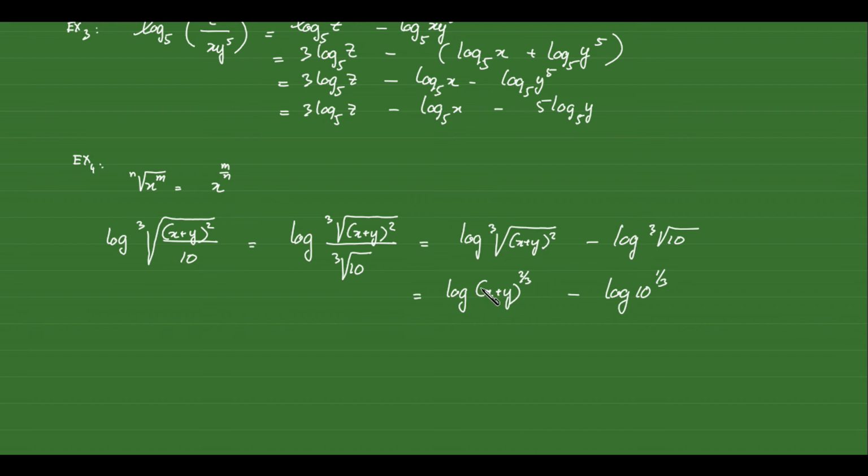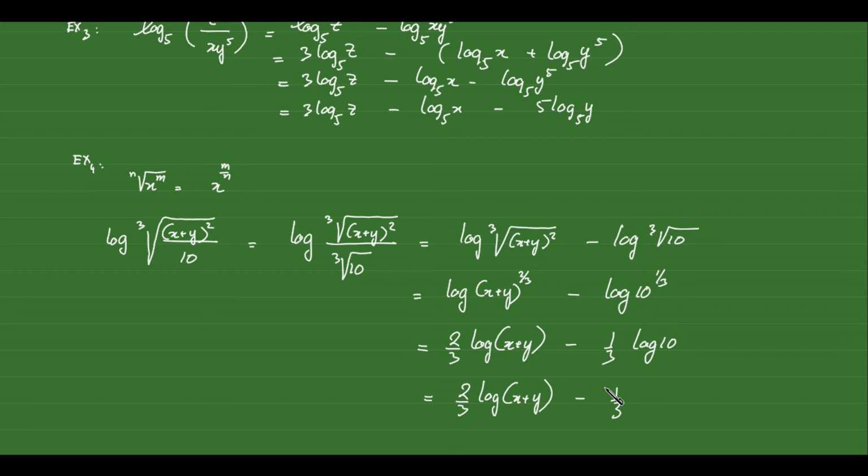Now I can drop down the fraction, so it becomes 2 over 3 log base 10 of (x plus y) minus 1 over 3 log base 10 of 10. Log base 10 of 10 gives you 1. So my final answer is 2 over 3 log base 10 of (x plus y) minus 1 over 3 times 1, which is 1 over 3.